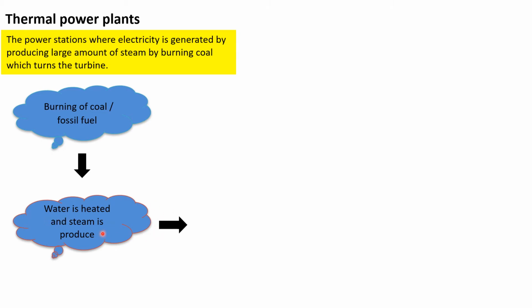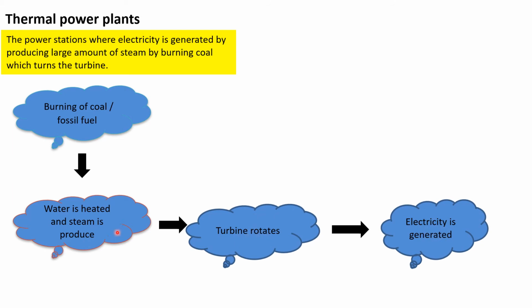So our ultimate aim was to produce steam. When we burn coal or fossil fuel, we heat the water with that heat energy, which ultimately produces steam. As soon as steam is produced, that steam is directed to the turbine. So the turbine starts to rotate because of the huge pressure of the steam, right? And the moment it rotates, electricity is generated.